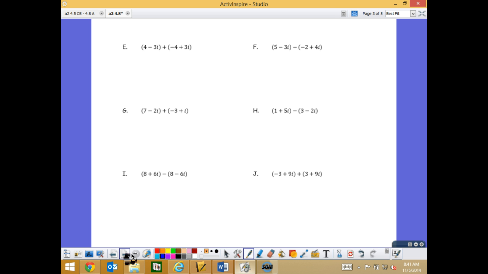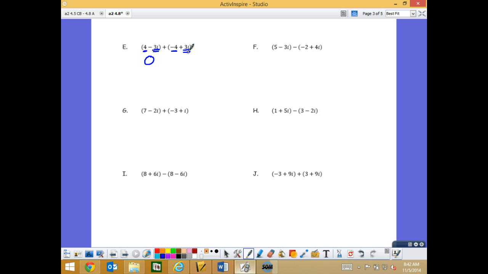So in this case, this is letter E on your examples. So the real parts are 4 and -4, and 4 plus -4 is 0. And the imaginary parts are -3 and +3.